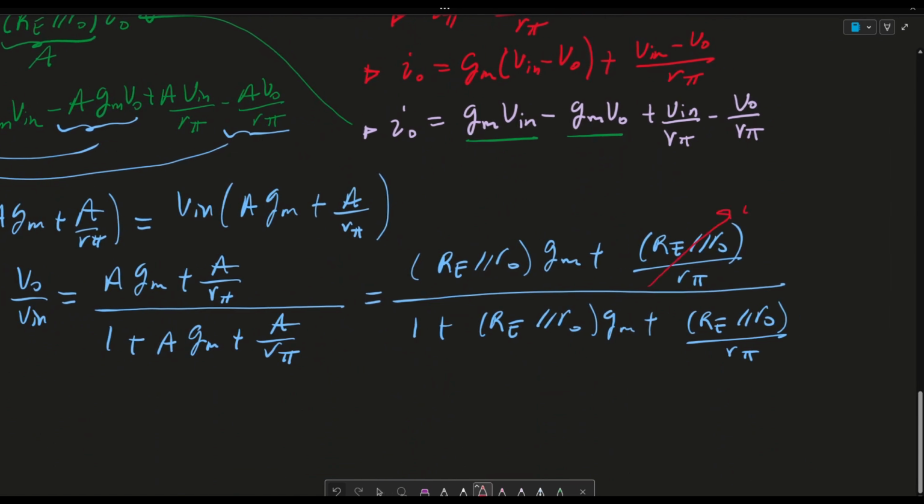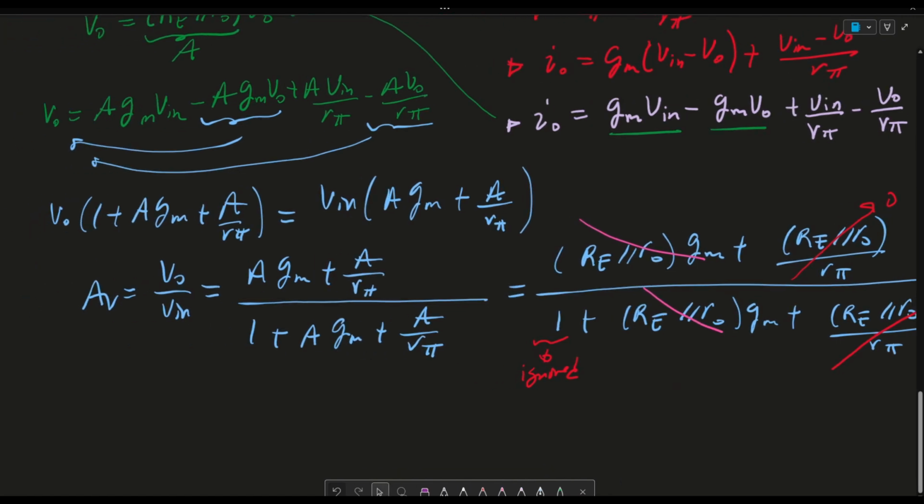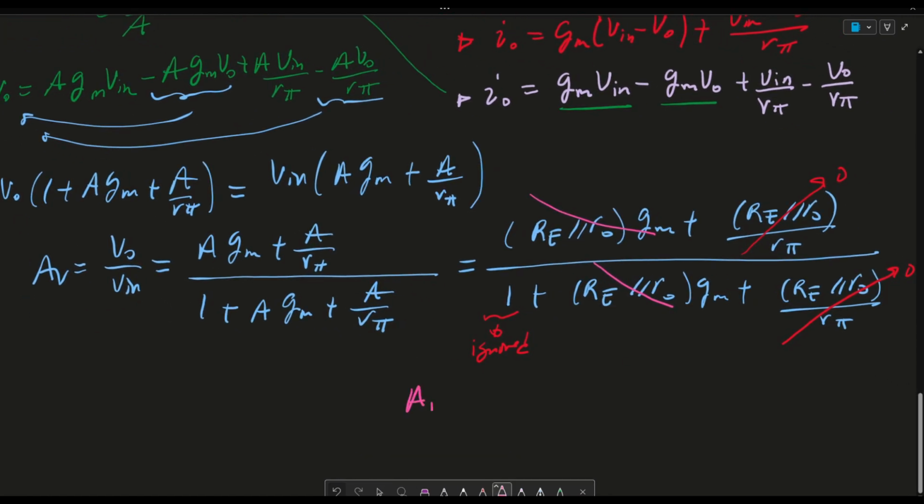So this goes to 0 and this goes to 0. This can be ignored. And as you can see, this will cancel out with this. So the AV gain of a common collector or an emitter follower is simply 1.